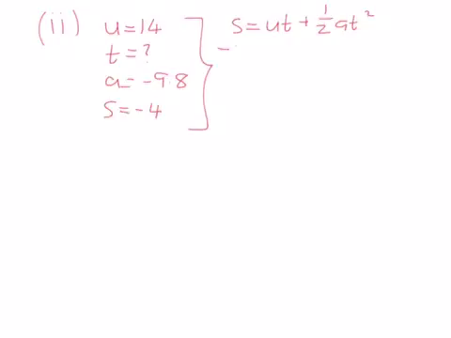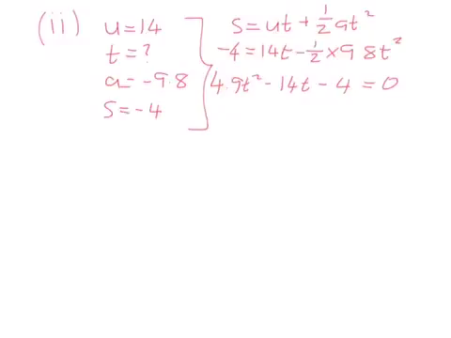So we substitute in our values, and we'll have minus 4 equals 14t minus a half times 9.8 t squared. When we rearrange all of this, we'll have 4.9t squared minus 14t minus 4 equals 0.